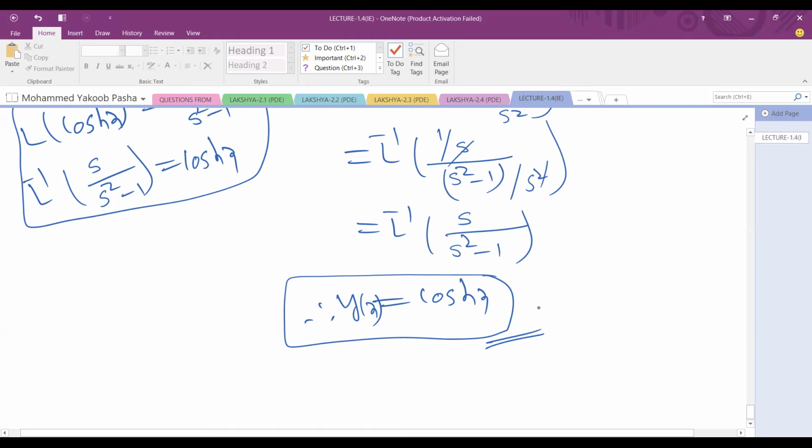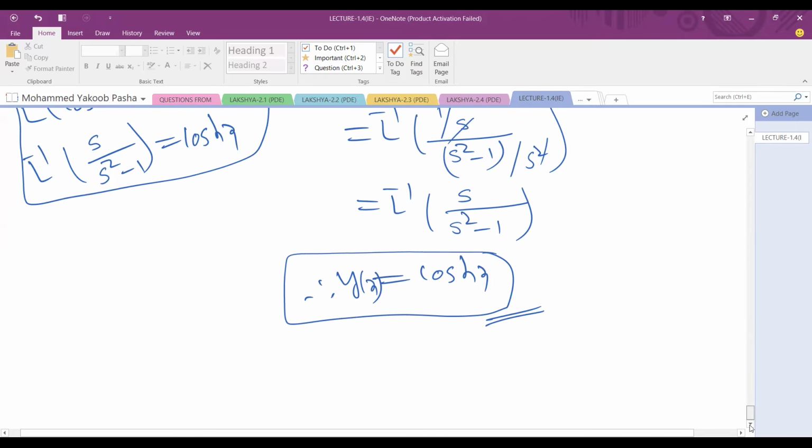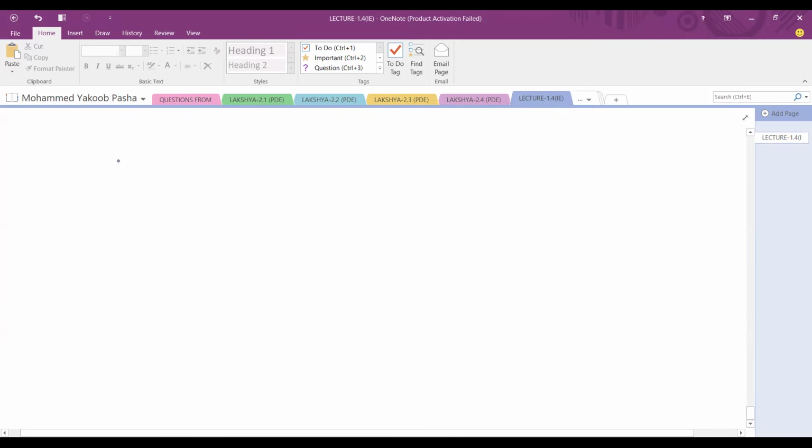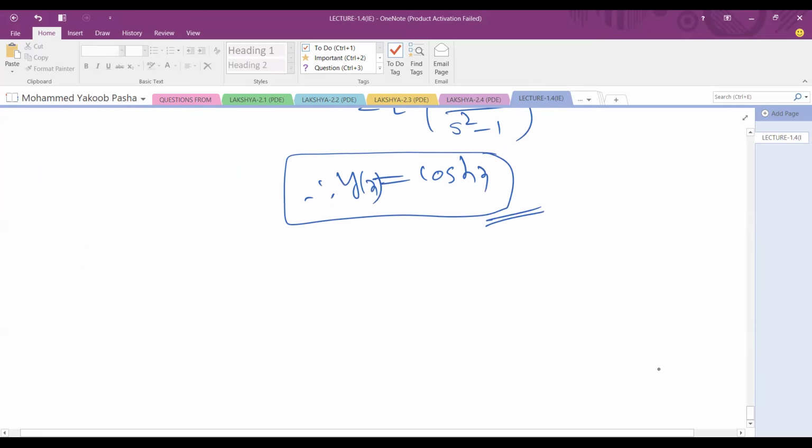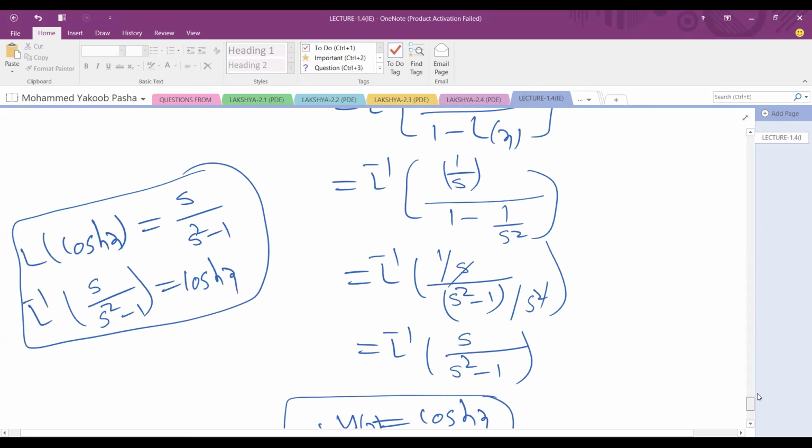Now see the options one by one. y of x is equal to cos hx. Is it bounded or not? What is the meaning of boundedness?